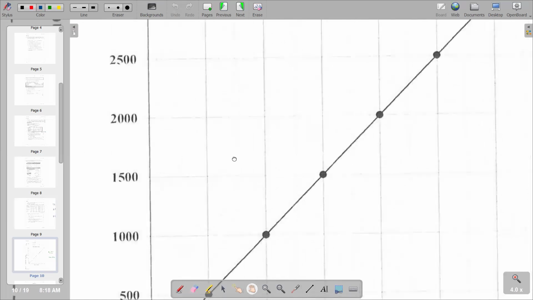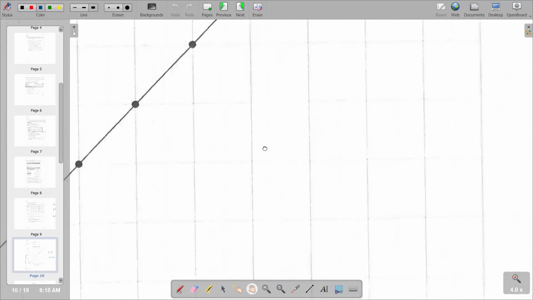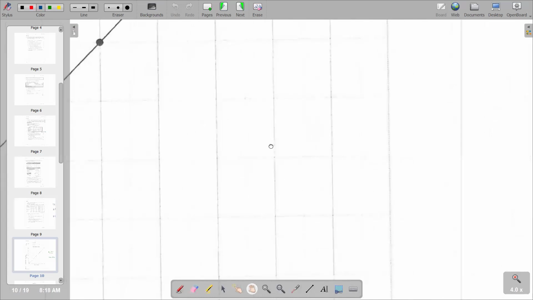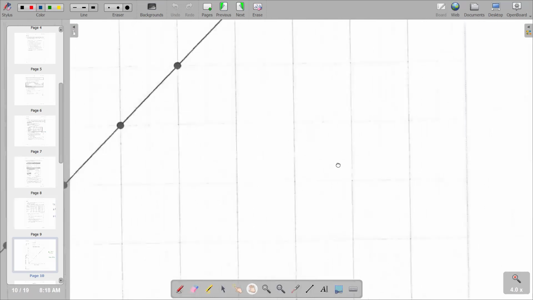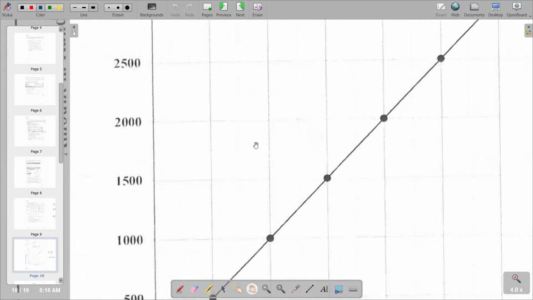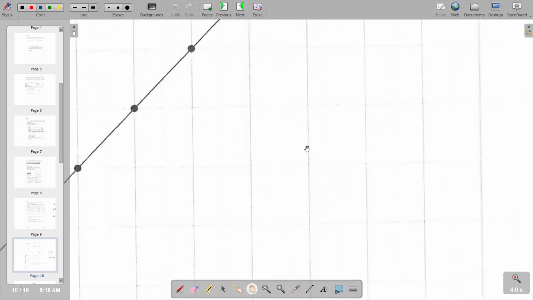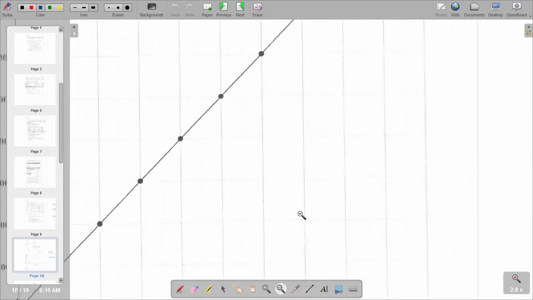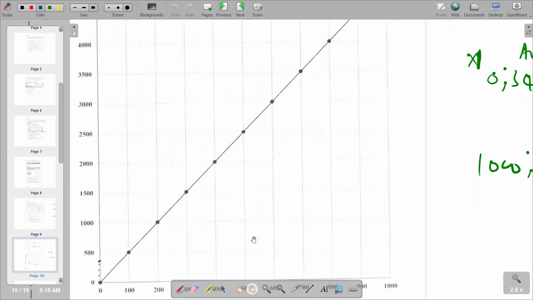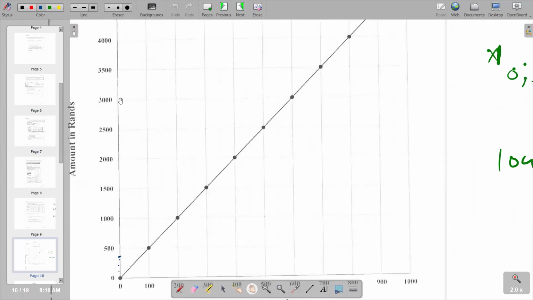So we just try to see where our 2000 is being represented. 1940, we see that it's almost here, almost 2000, which is somewhere here.